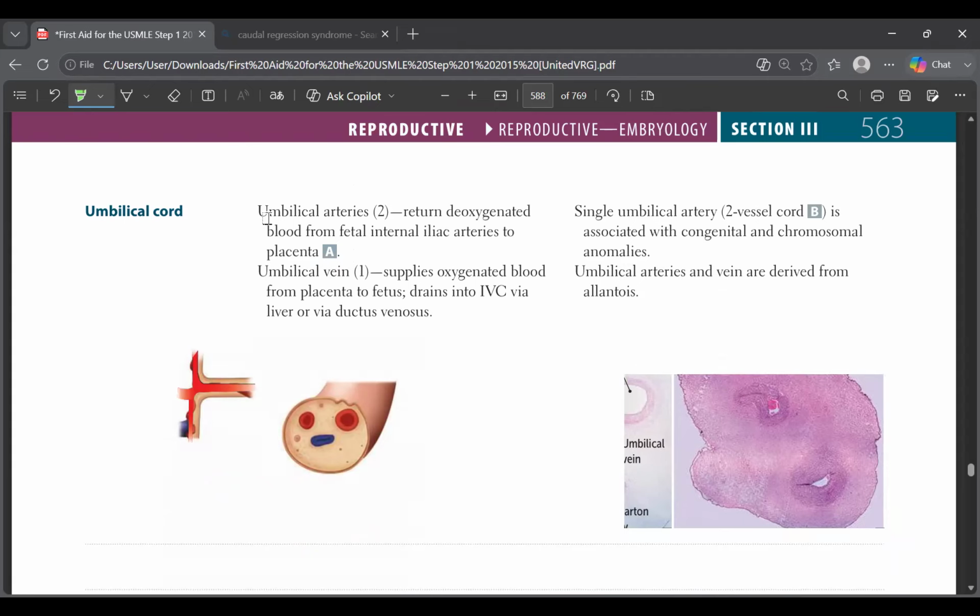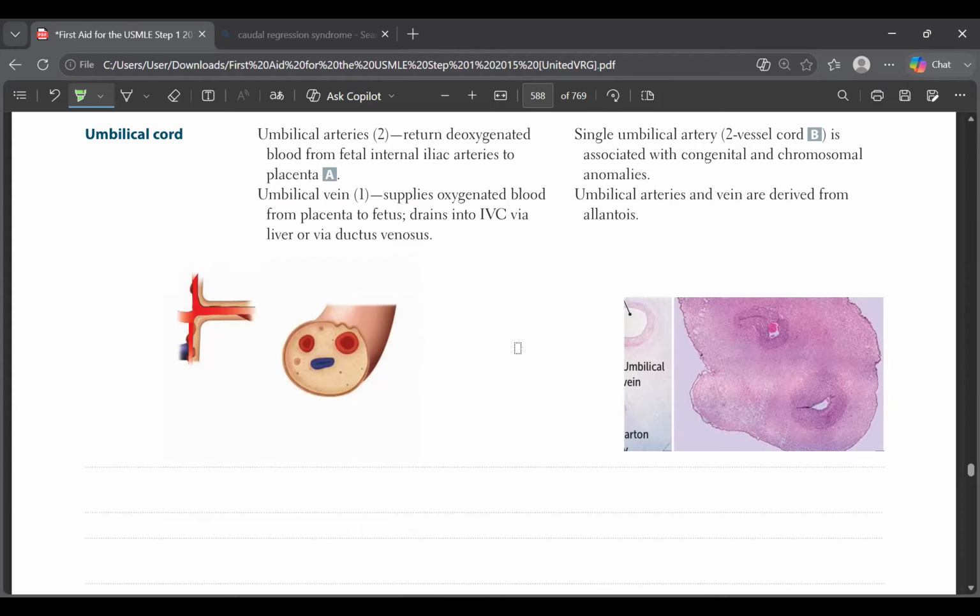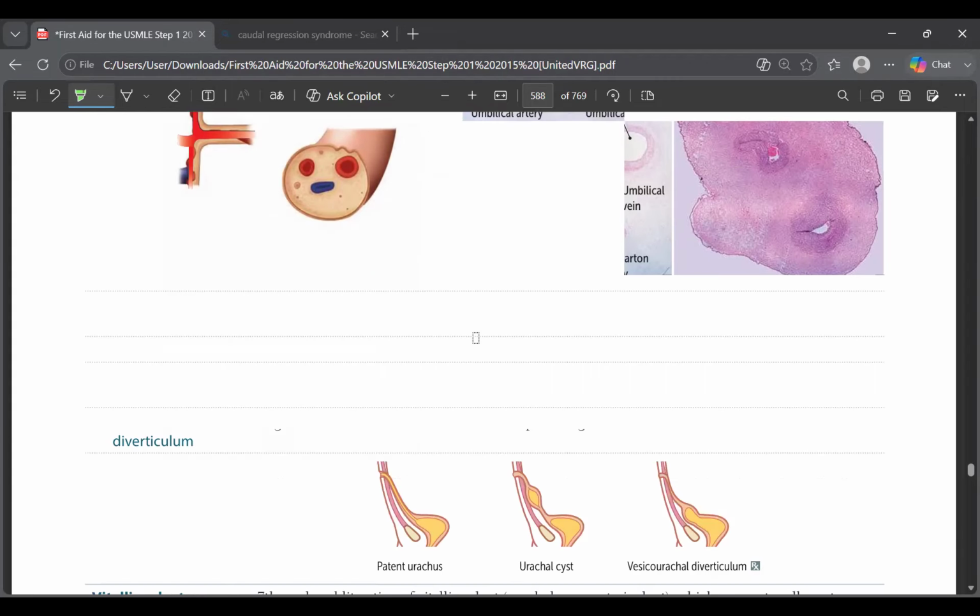The umbilical cord has umbilical arteries that return... Oh, this image is kind of distorted. It is umbilical arteries that return the deoxygenated blood from fetal internal iliac arteries to the placenta. The diagram is a bit shady.